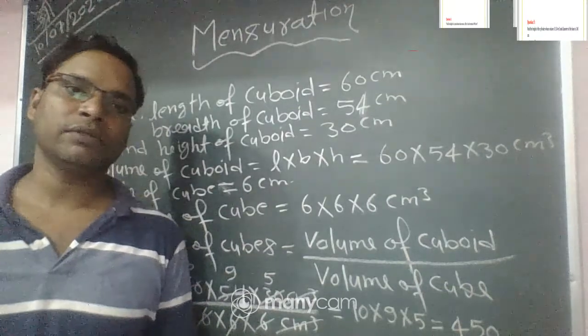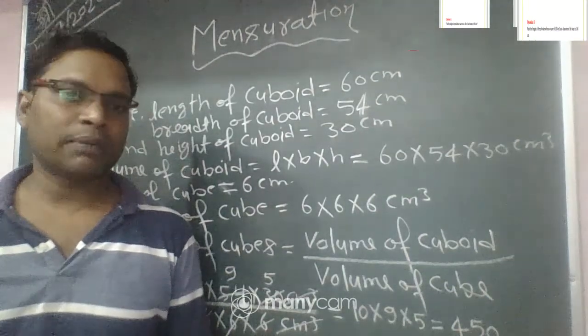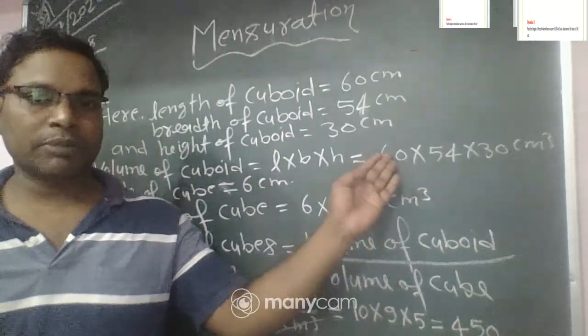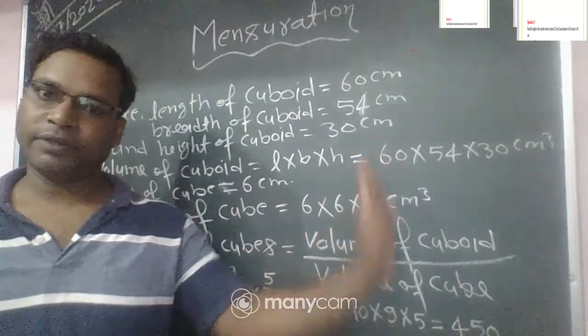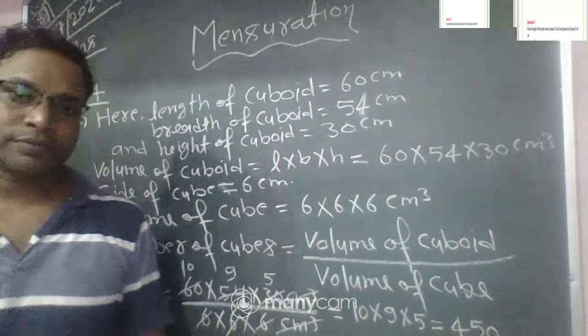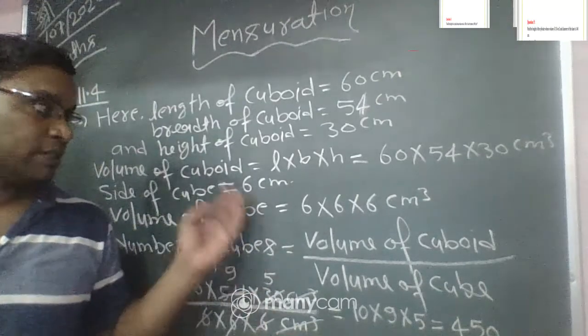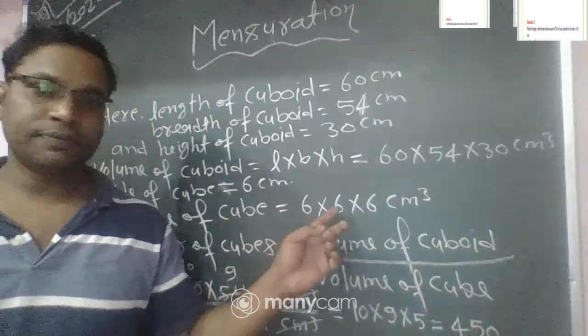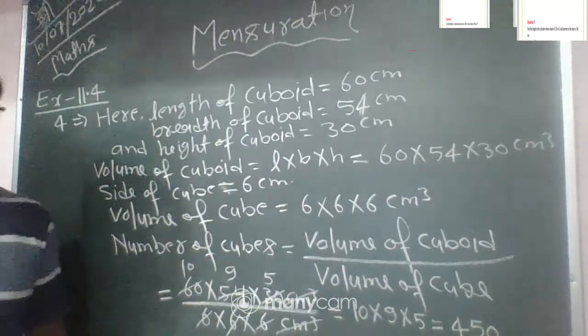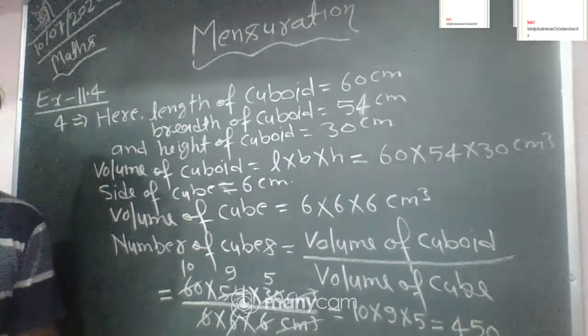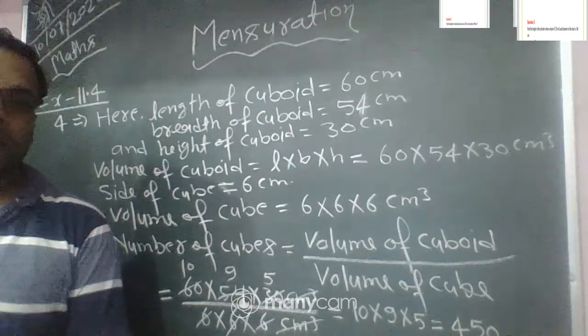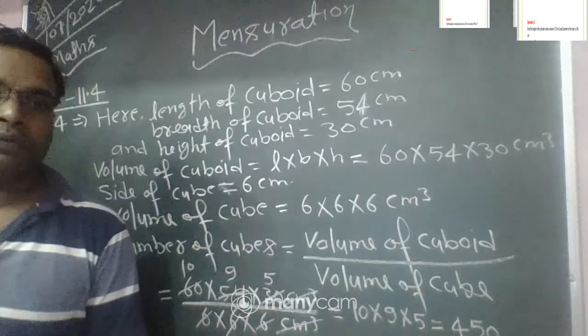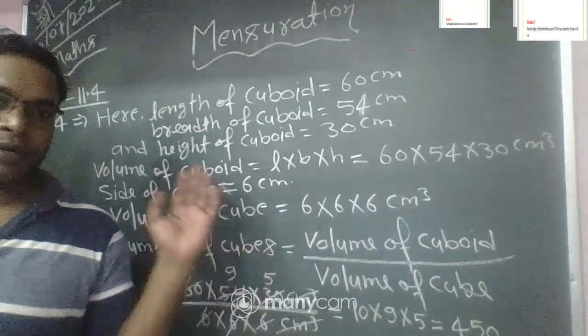Okay. In this question, first the dimension of cuboid is given, so you can see this is the volume of cuboid. Also, side of cube is given 6 centimeter, so we find volume of cube. After this, we need to find the number of cubes which replace the given cuboid.